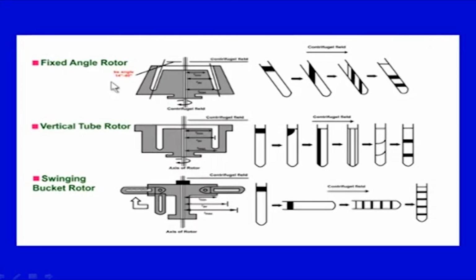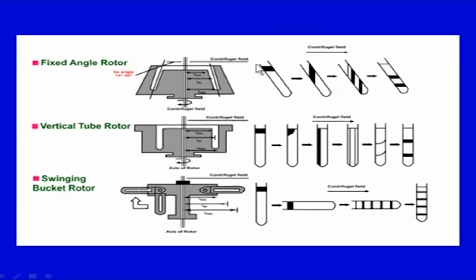Now, see how this whole thing takes place when spinning. In the fixed angle rotor, the tubes are put at an angle which could be from 15 degrees to 40 or 45 degrees, and depending on that they will have different R minimum, R maximum or R average.